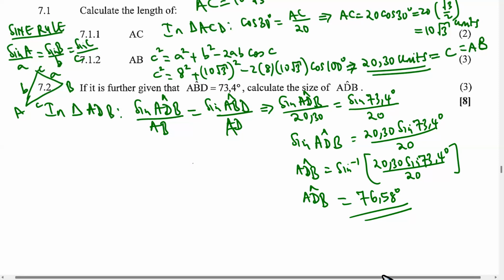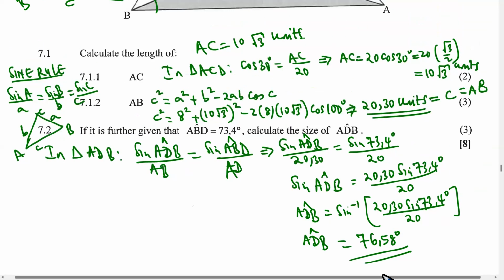So that is the answer: ADB is 76,58 degrees.